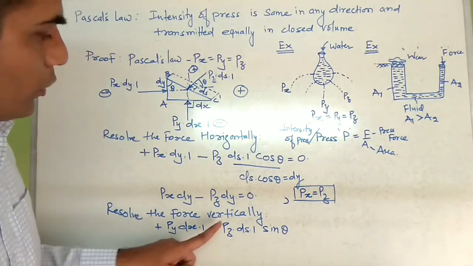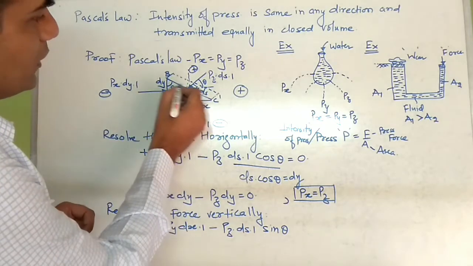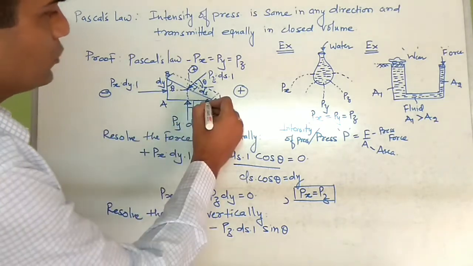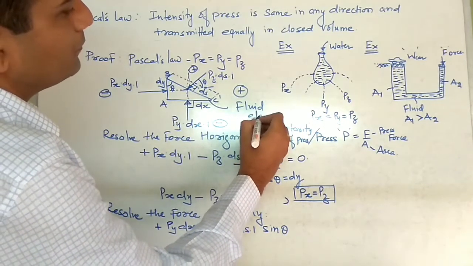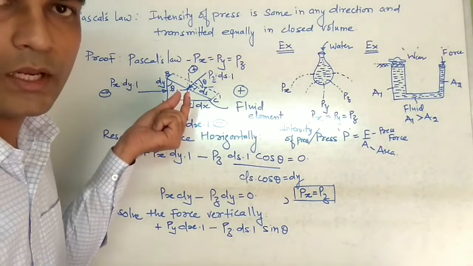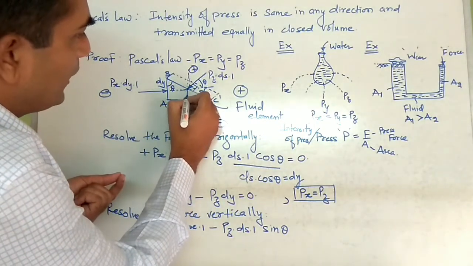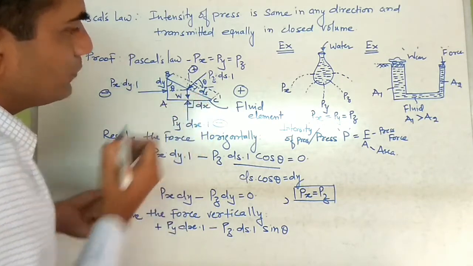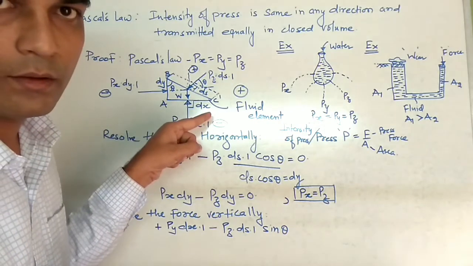Okay, we are talking about vertically, means we should see this is the fluid element. This one is the fluid element, and the fluid element Pascal has taken in a triangular shape. So this fluid element is having some weight W. Now how we are going to calculate the weight?